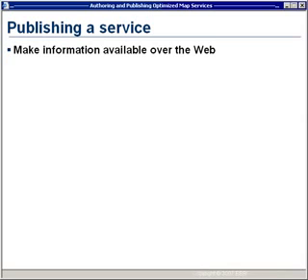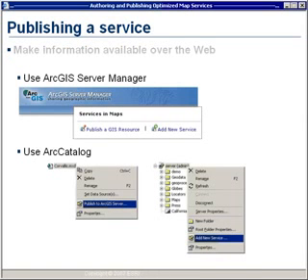Publishing a service means that you are making the information, in our case the map document, available over the web. We have two options for where this can be done: ArcGIS Server Manager or ArcCatalog. In both environments, you can publish a service directly from the resource, or you can add the new service to the server.